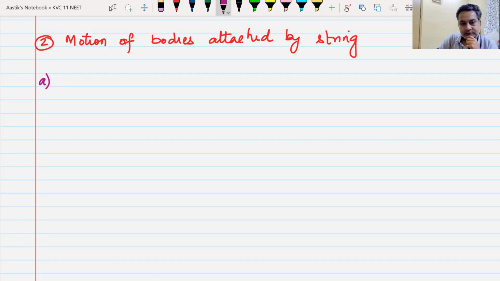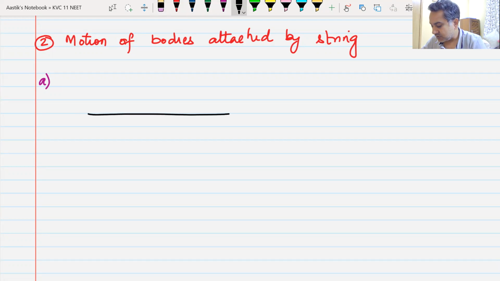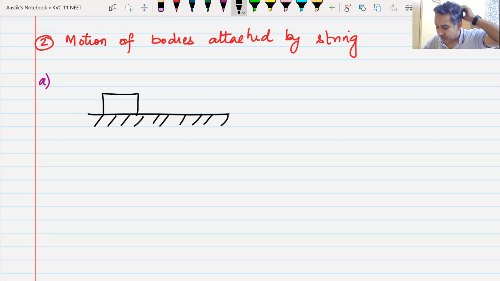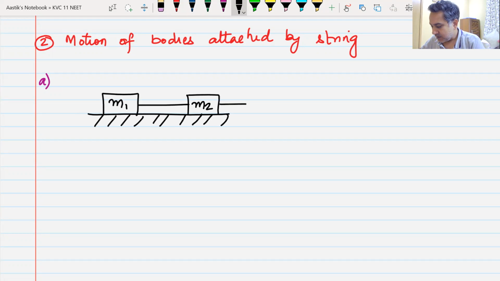So now I will draw this and try to make you understand how this question is actually done. So now you will have, let us say, two blocks, M1 and M2, and you will have a force pulling them.